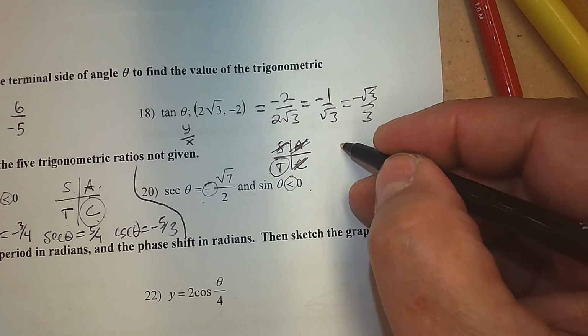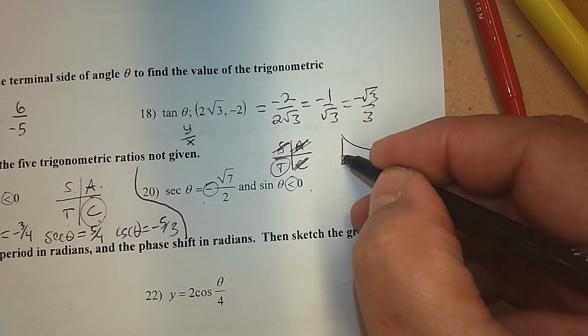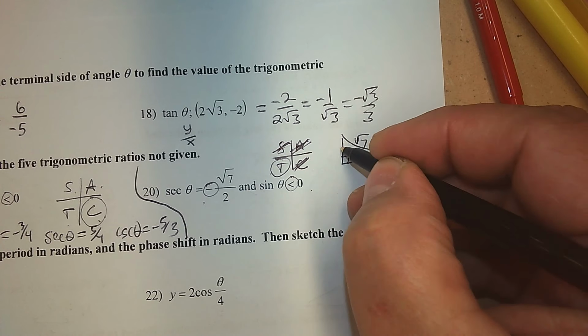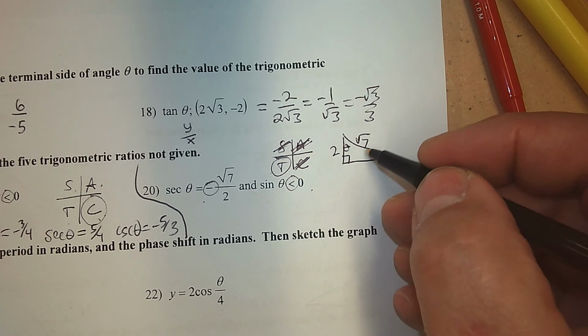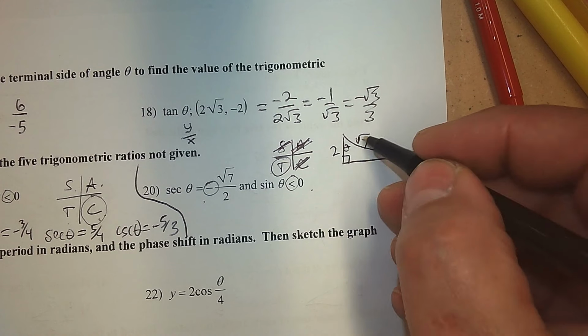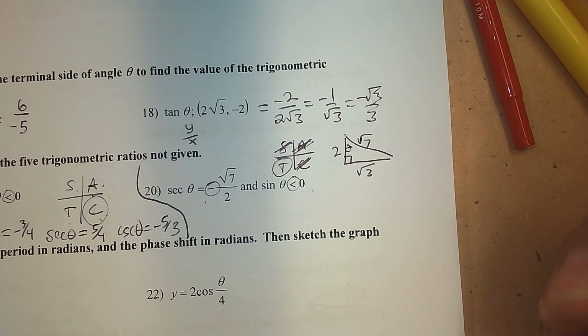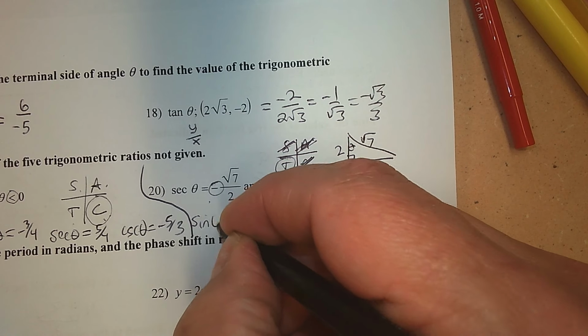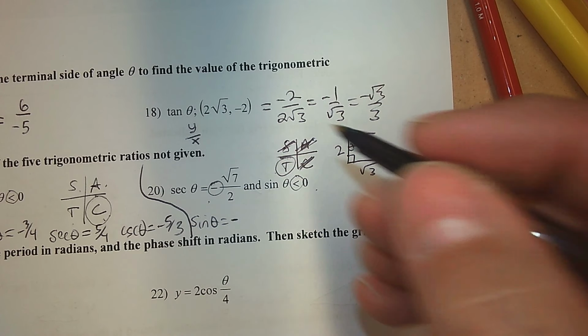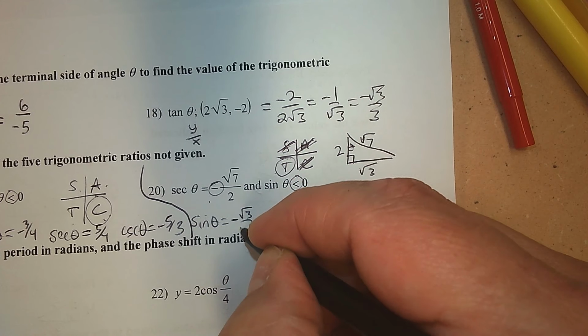When we draw a right triangle, we can just label it as root 7 and 2 and find the missing side. Root 7 squared minus 2 squared is 7 take away 4, so this is root 3. As I write these down, sine is negative, so it's negative root 3 over root 7.